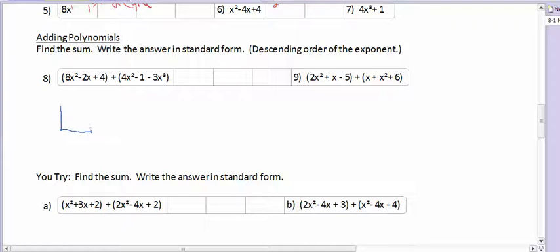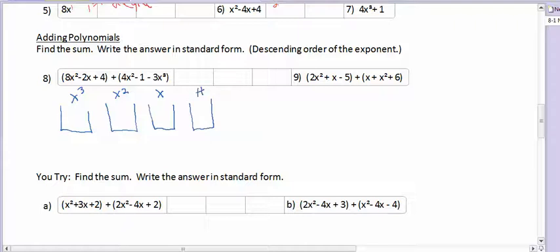We're going to put a bucket for each of the variable types that we have. So I look here for my variables, and I have some x to the thirds here. And then I also have some x to the seconds. And I also have some x, and then I also have a number.